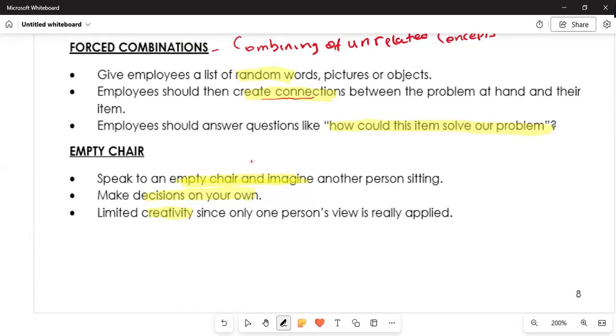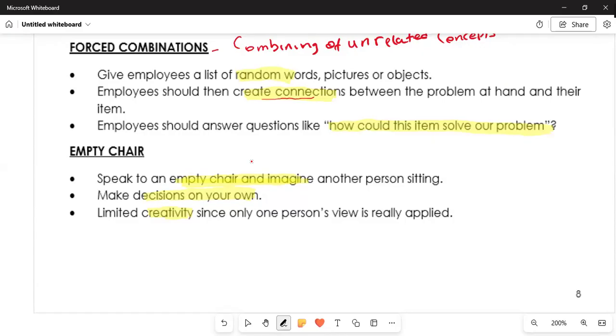Perspective thinking is that you imagine a key stakeholder or customer expert sitting in an empty chair. You imagine that they are sitting there. Then for empathy and understanding, you ask questions and respond as if the person were actually present, whereas there is no one.